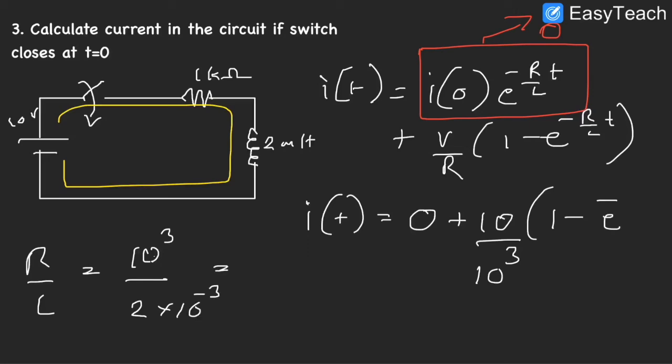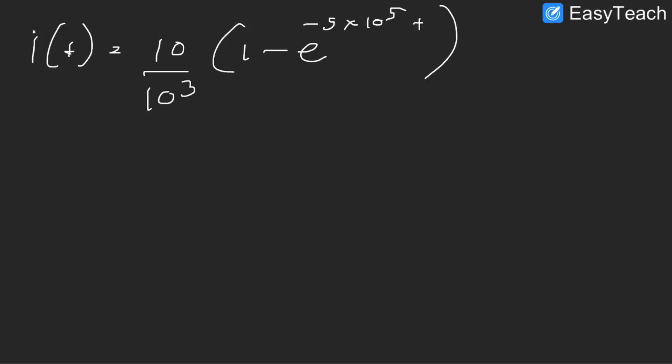So that is 0.5 into 10 power 6 or 5 into 10 power 5. So it's going to be e to the power of minus 5 into 10 power 5 times t. A little bit messy. So let me write it somewhere else.